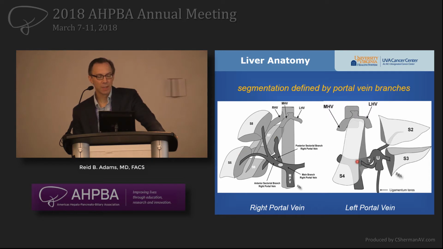And then on the left side, as I think everyone appreciates when you're operating on the liver, the left portal vein has a long transverse portion that runs at the base of segment 4. That's this portion here, and then there's this portion that looks like it ascends into the umbilical fissure that then divides into segment 2, 3, and 4 branches.